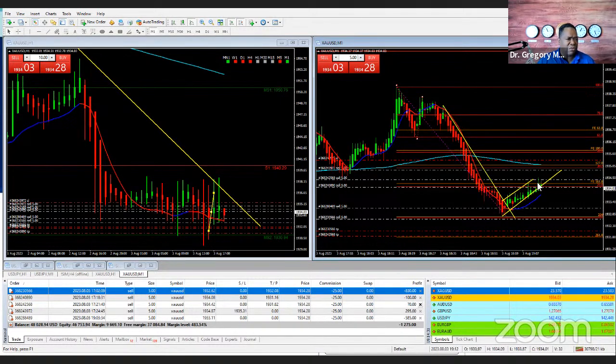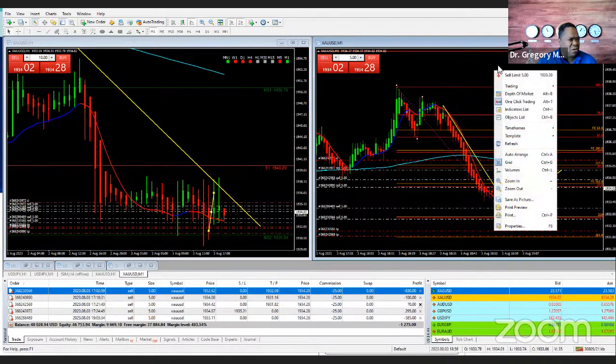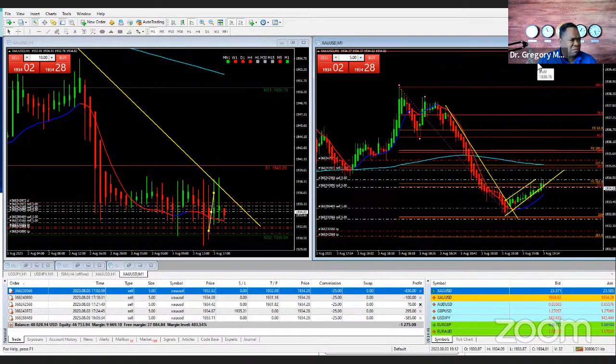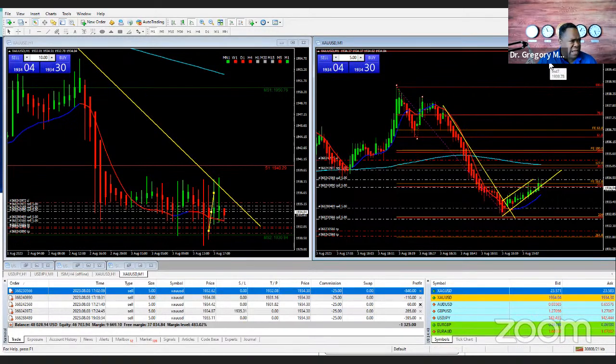This is a counter trend move, considering that we have something called a multi-time frame trend bar. I'm not sure why it doesn't have the text there, but it goes monthly, weekly, daily, H4, all downtrend, and then H1 is neutral.